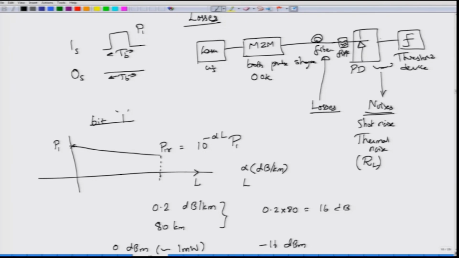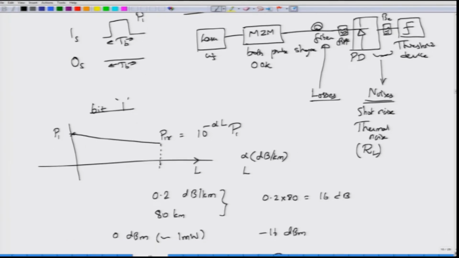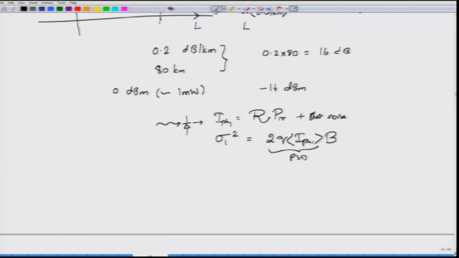After the photodetector amplifier, you normally put an electrical bandwidth BE, or in fact it is integrated along with the photodetector circuit itself, to set the overall bandwidth. I am not distinguishing between optical and electrical because I am assuming that the optical bandwidth is very large. So, I am only concerned with the electrical bandwidth, and I have just written that as B here. So, this is the shot noise.